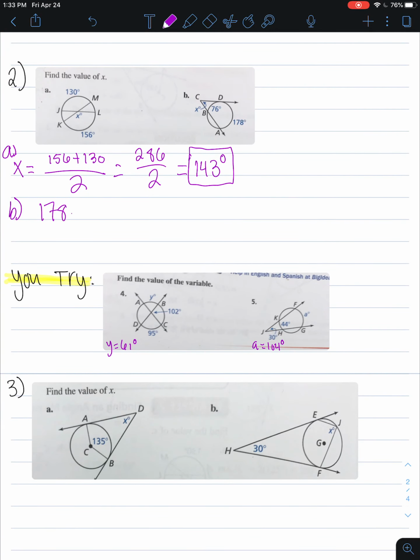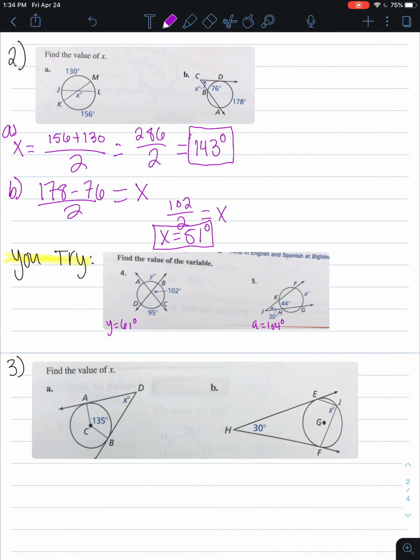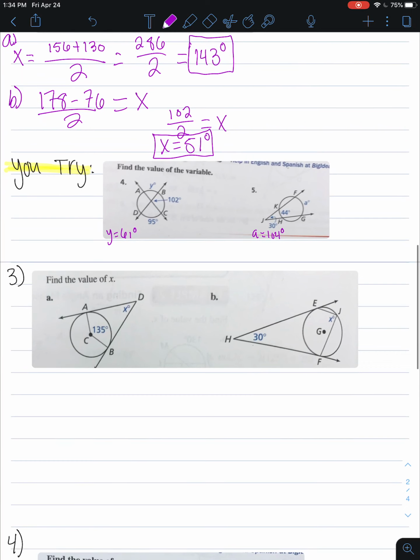This one says that I'm going to take the biggest one, which is 178, subtract the smaller one, which is 76, and then divide that by 2, and that would give me the value of x. 178 minus 76 is 102. Then 102 divided by 2 is equal to x, which means that x is equal to 51 degrees. So this angle on the outside, x, is 51 degrees.